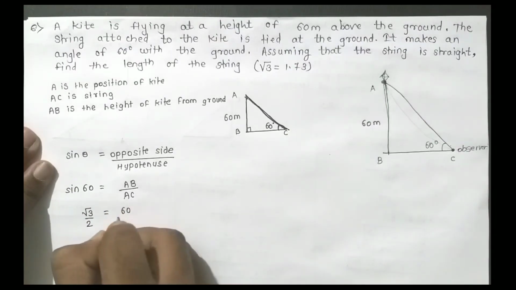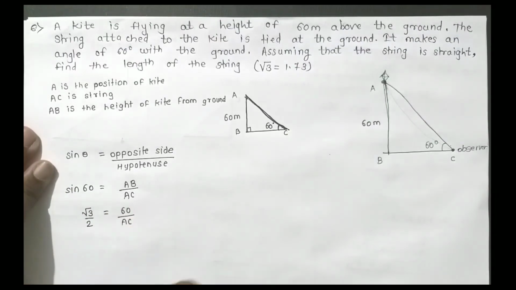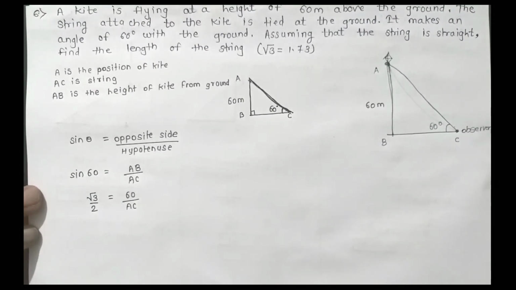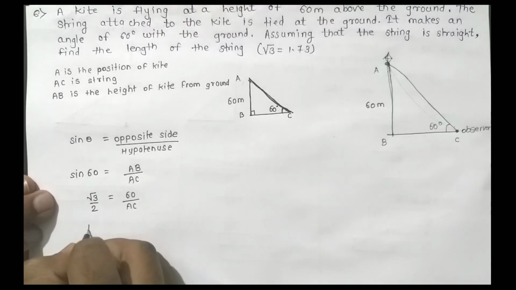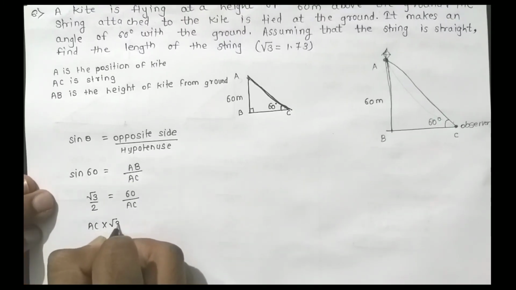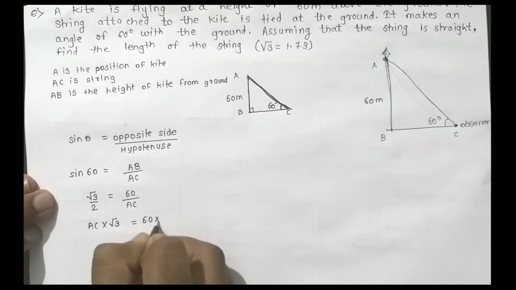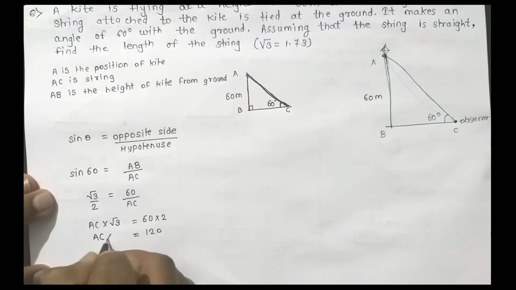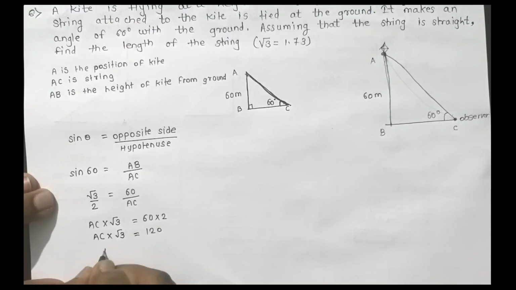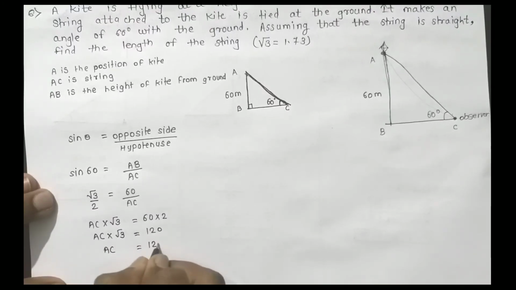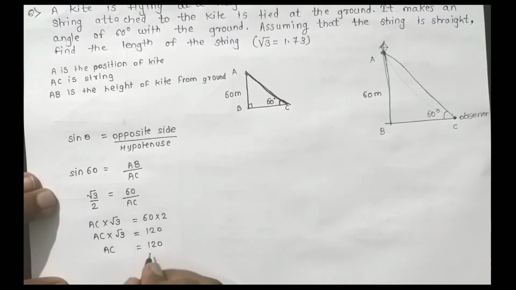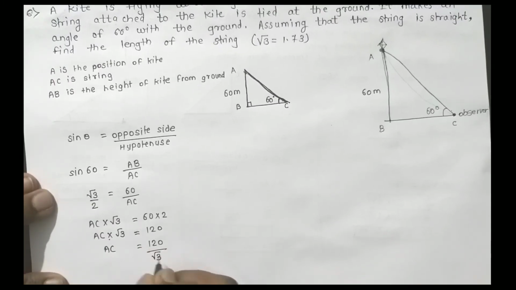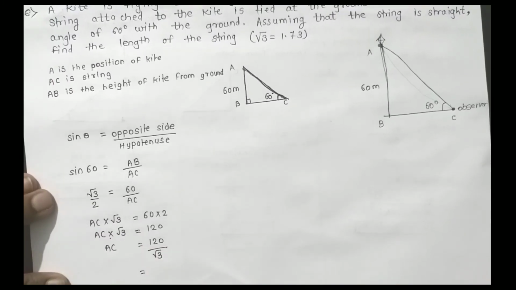AB is 60. We have to find AC. Again here there is a cross multiplication. AC multiplied by root 3 is equal to 60 multiplied by 2, 120. AC multiplied by root 3. AC as it is, 120 as it is. This root 3 here is in the multiplication, so it goes to denominator.